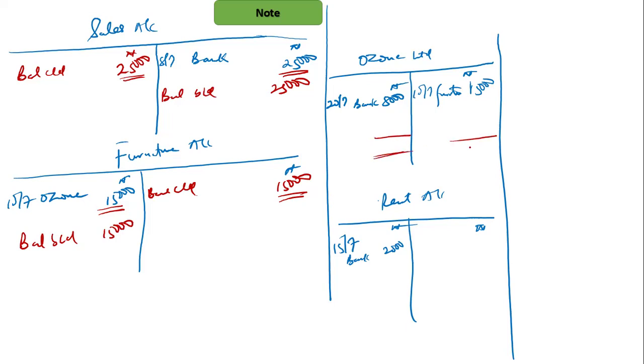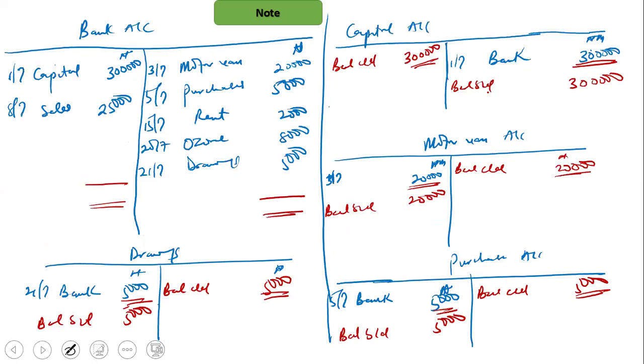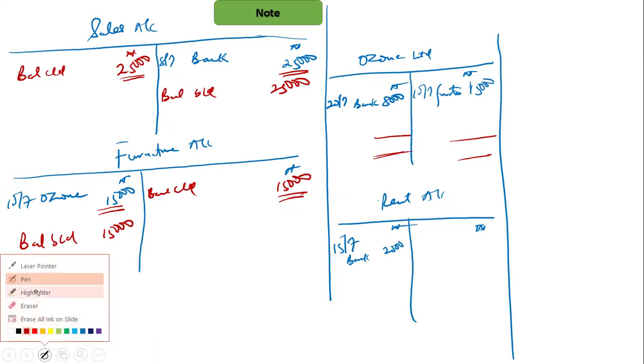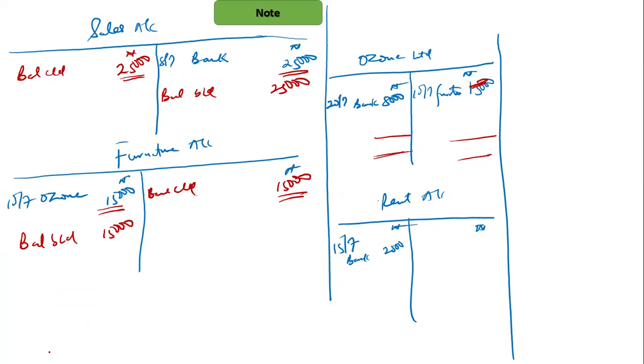Then we come to Ozone that we are owing. We are owing Ozone 15,000. Let's confirm again from furniture to Ozone. We are owing Ozone 15,000. So that we don't make mistakes when we are reading, let's look at it well written out. This is it again.